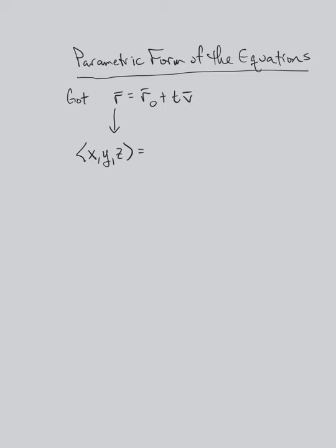Then r naught was the position vector for our given point, so it has coordinates x naught, y naught, and z naught. And then remember we let t vary, so that's going to be the independent variable for the line. And then we get the coordinates for our parallel vector, although we haven't looked at a specific example yet.